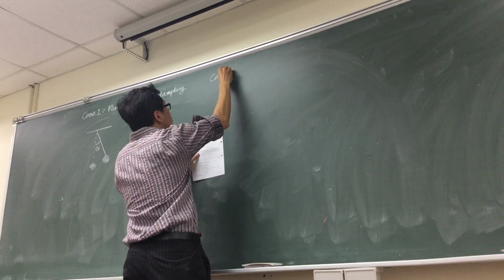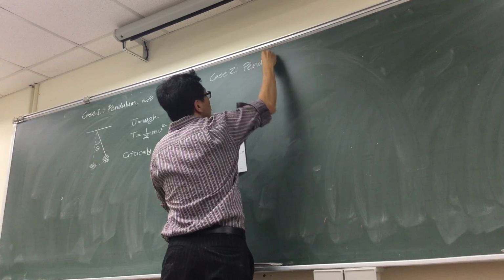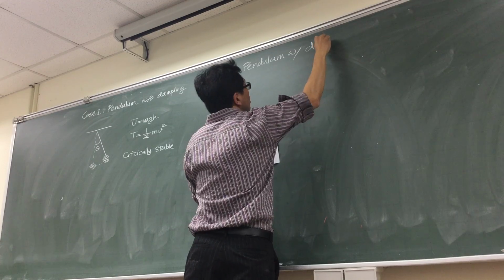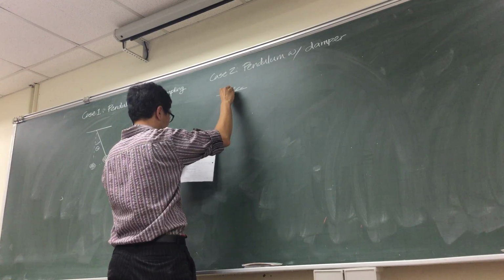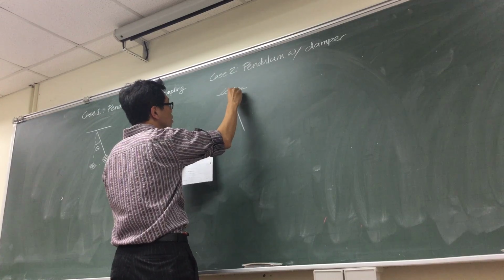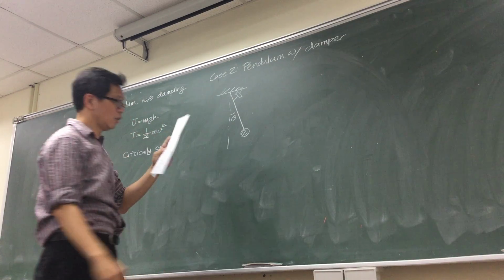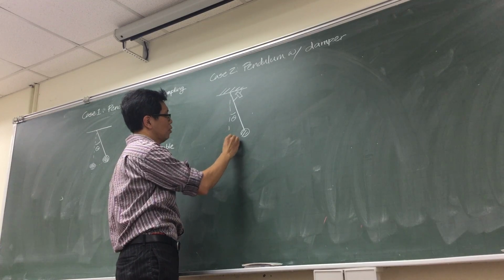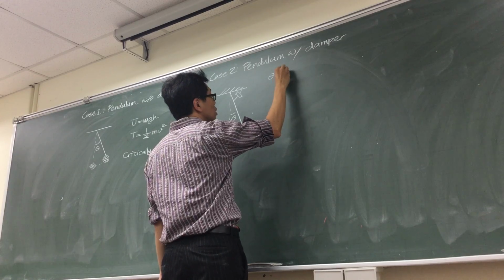Case 2. Pendulum with anchor. In this case, of course, the stable point is going to be theta equals to 0 degree, right?